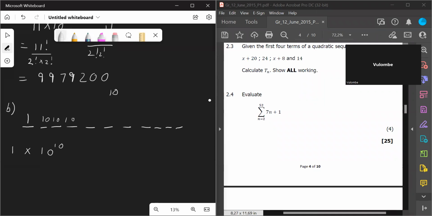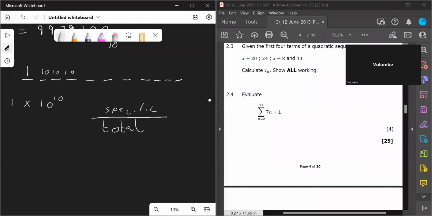Probability works in fractions. Our specific scenario is 1 times 10 to the power 10, and our total possibilities would be 11 to the power 11. Are you with me?